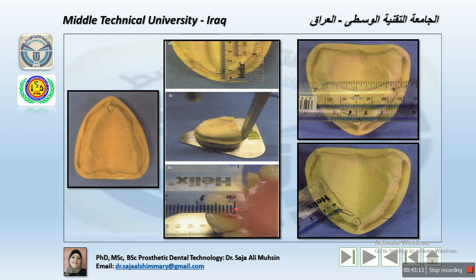Now, the labial surface of the canine is approximately 10 millimeters from the edge of the first rugal fold. So now we have the incisal papilla and the first fold in the rugal area. They are helpful in setting of anterior teeth.